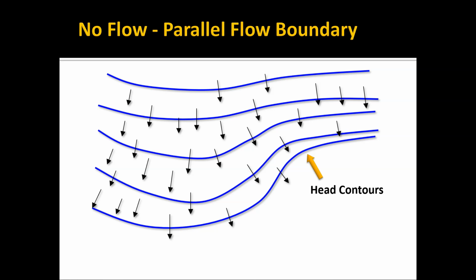And so if we were to draw a line parallel to those flow directions, once again, there's no groundwater crossing that line, so that can be used as a hypothetical no-flow boundary. It's kind of like a groundwater divide, but a little bit different scenario. And the same caveat applies here. Be really careful when you go into the predictive phase that you don't change the conditions so substantially that the parallel flow, no-flow condition is no longer valid.